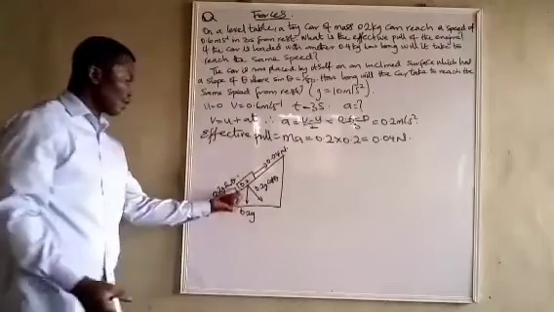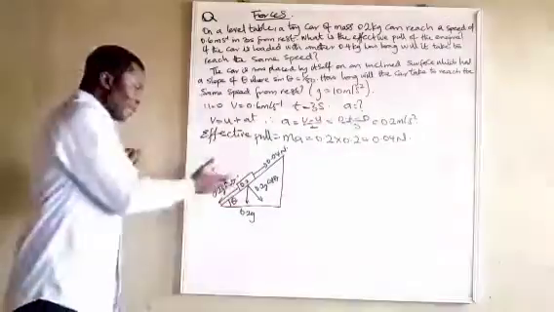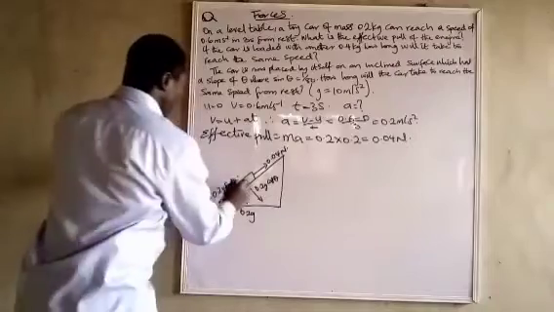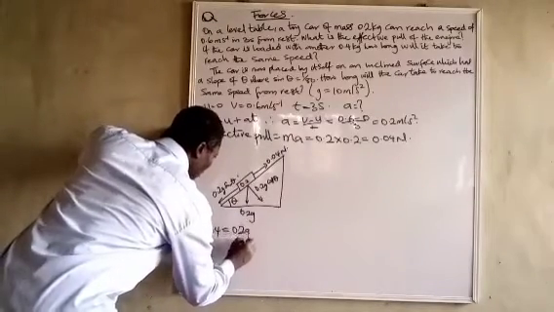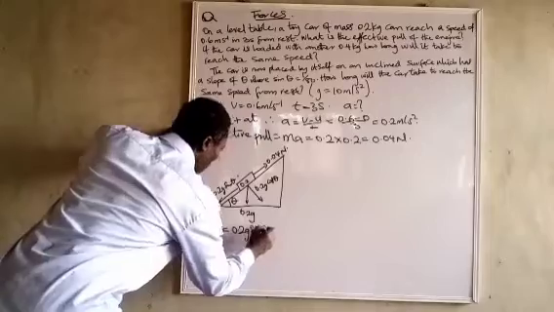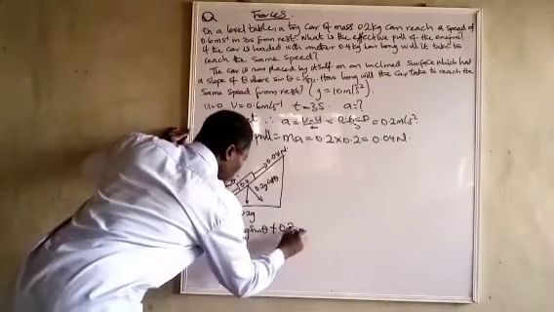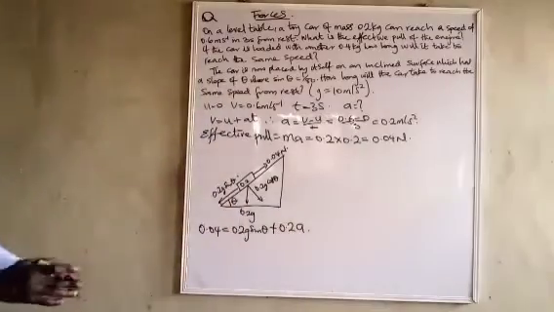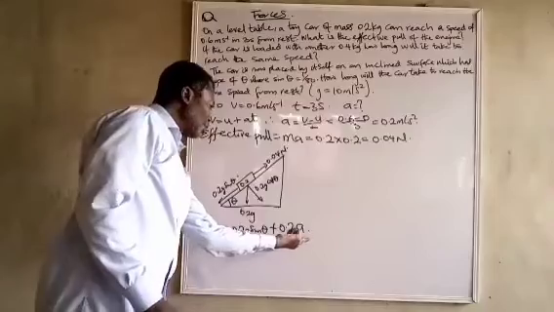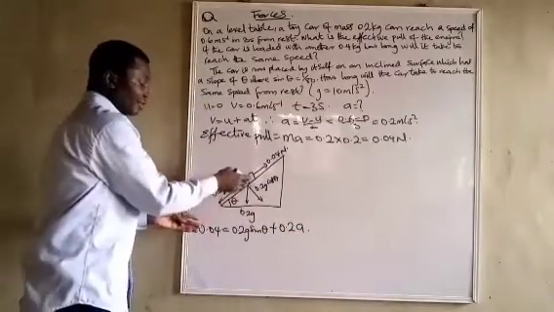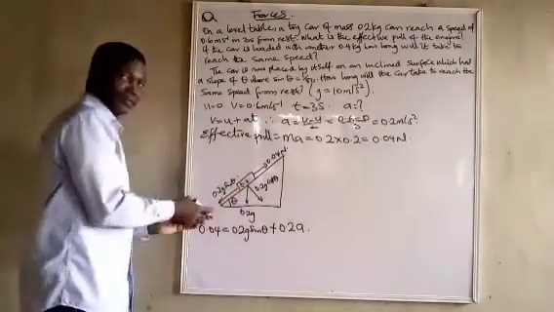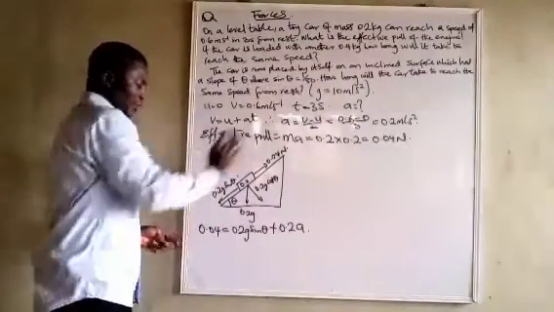It will first of all overcome this one before it is effective in pulling it up. Therefore, 0.04 will be equal to 0.2 g sin theta plus 0.2a. I believe it is clear. For it to give us this at all, it must first overcome this one. This component of the weight downward will act against the force pulling it up.